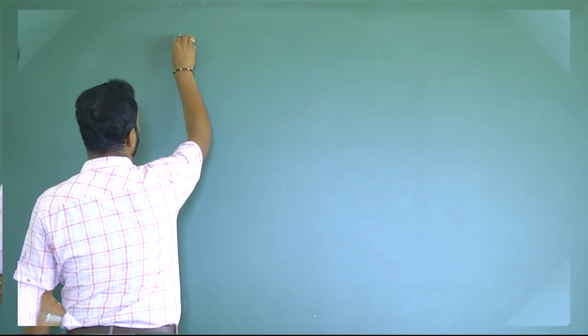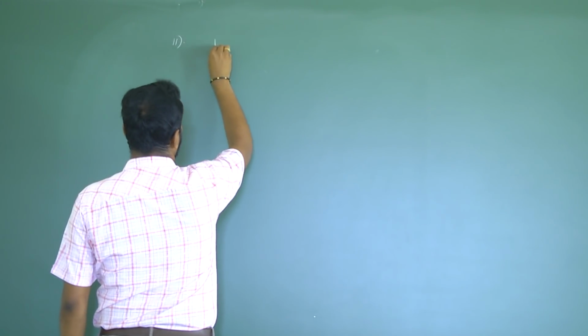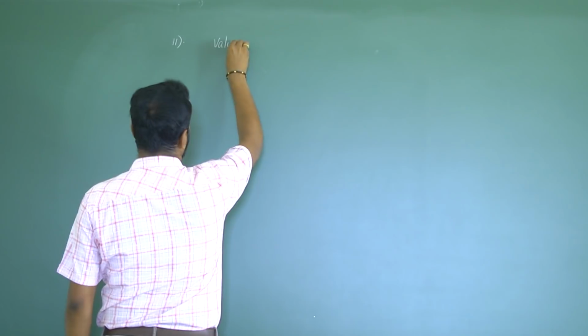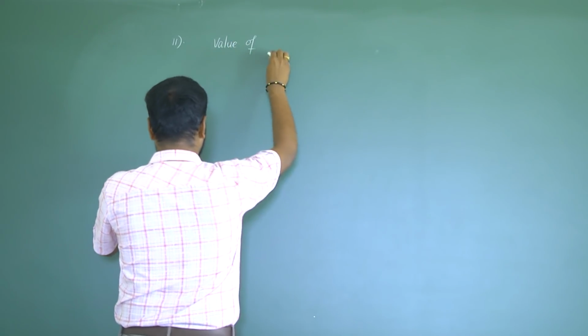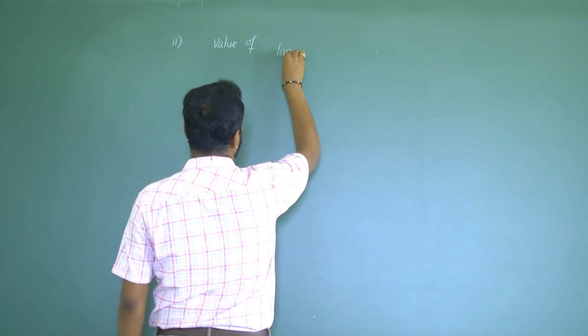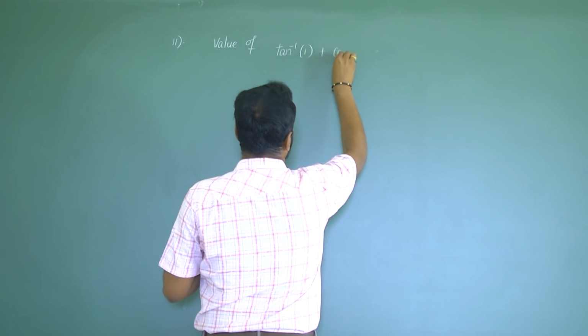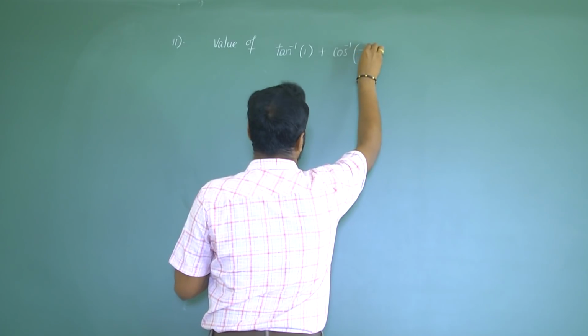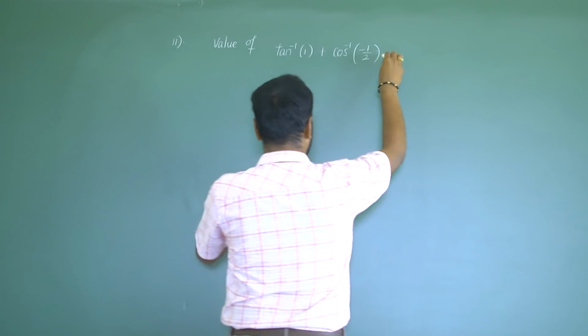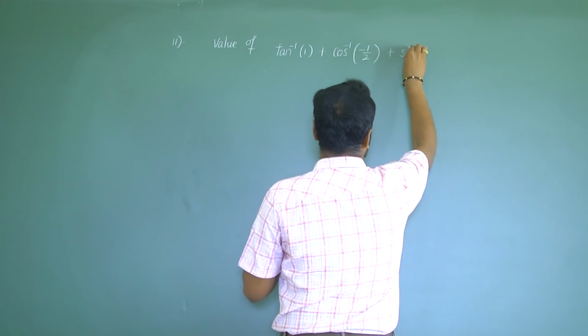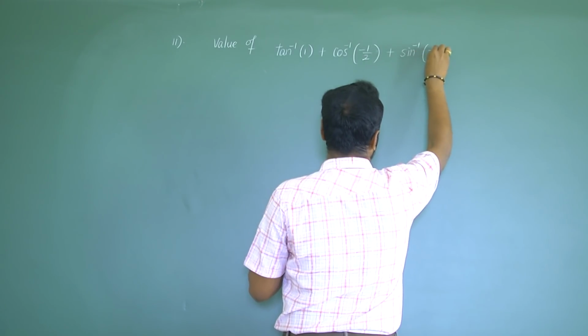Next, we have to calculate the value of tan inverse 1 plus cos inverse minus 1 by 2 plus sin inverse minus 1 by 2.